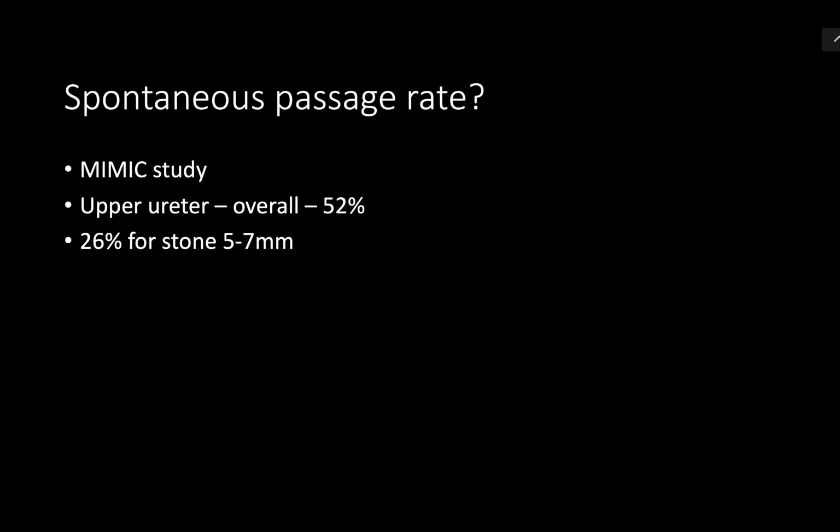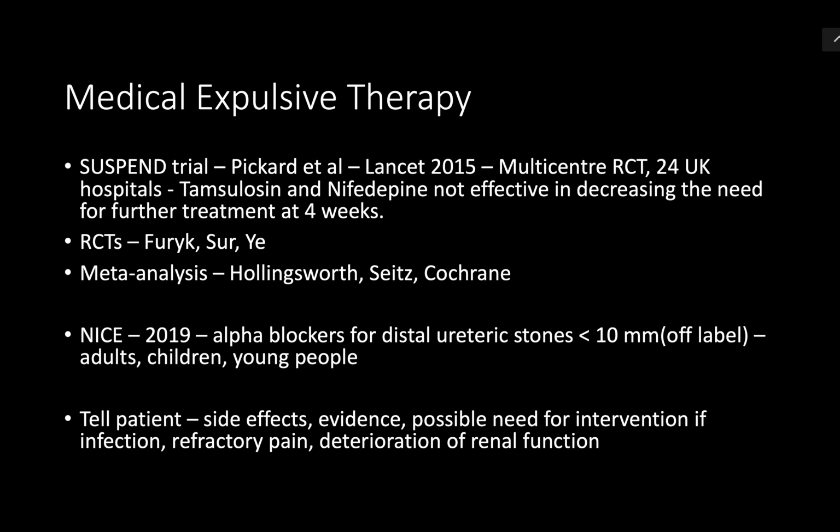I will offer her conservative management, ensuring that she's discharged with analgesia in the form of PR diclofenac, but also offering her medical expulsive therapy in the form of tamsulosin, as this is recommended in the NICE guidelines for all stones up to 10 millimeters in diameter in the ureter. Okay.